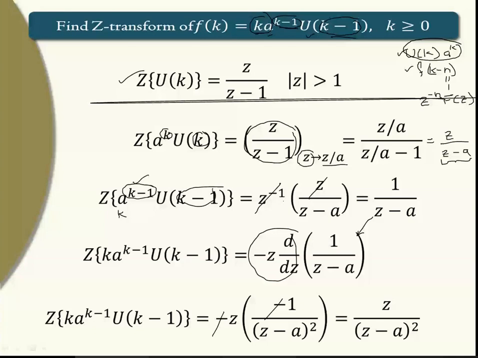If we have different terms, then first we find this and then we use multiplication by a raised to k term. In that case, we can split a raised to k minus 1 as a raised to k into a raised to minus 1. And this is a constant, we can take it outside. But here no problem because they have same power. So making use of this property, it can be simplified. And at the end, we use multiplication by k property. We have to multiply by this term. Simplification gives us the answer.